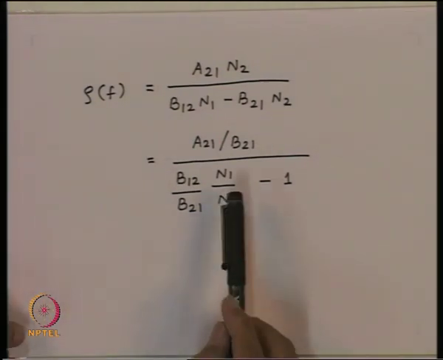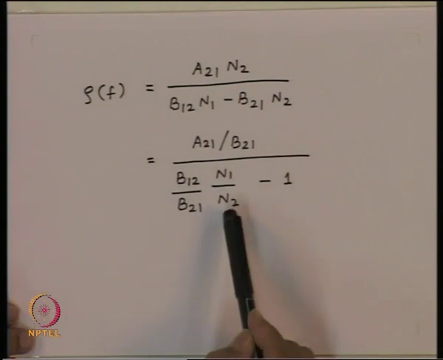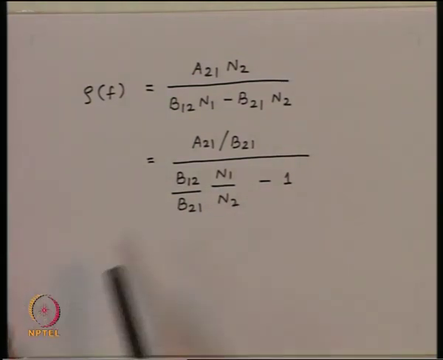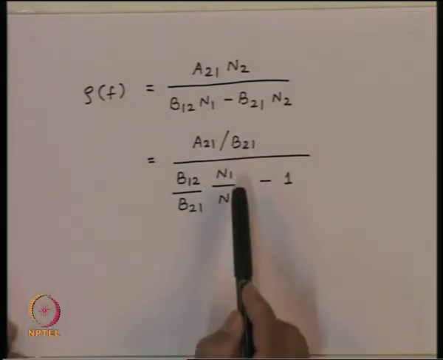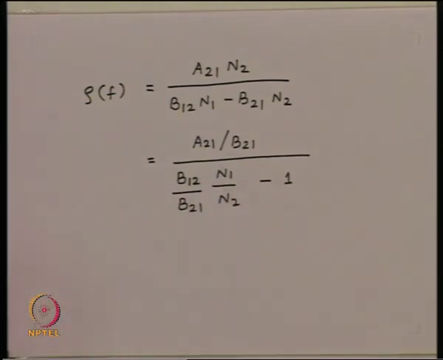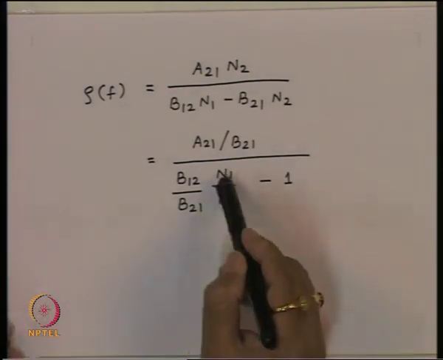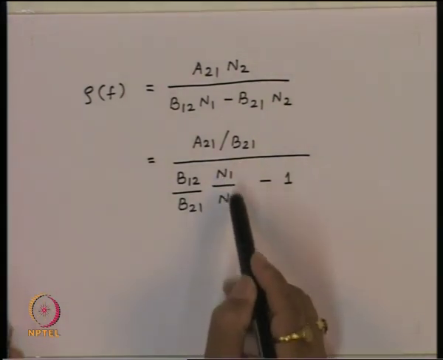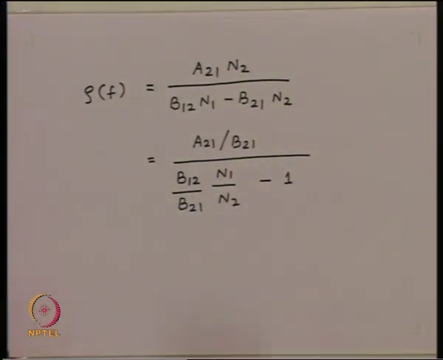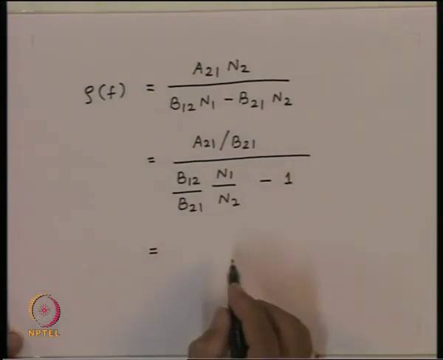Now, as we have seen, this ratio N1 upon N2 is the ratio of the electron densities at the lower energy level and higher energy level. They are given by the Boltzmann distribution. So, N1 upon N2 is e to the power hf upon kT. So, we can substitute into this.